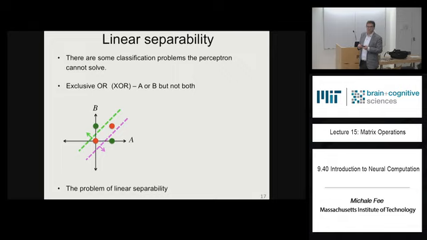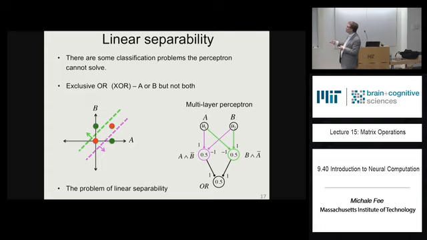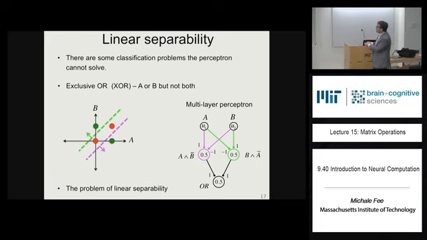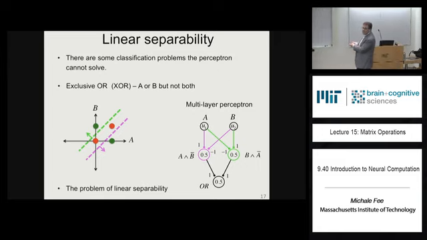We would OR them together. That's right. So this is what's known as a multi-layer perceptron.